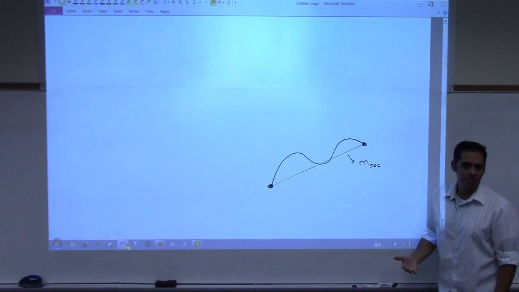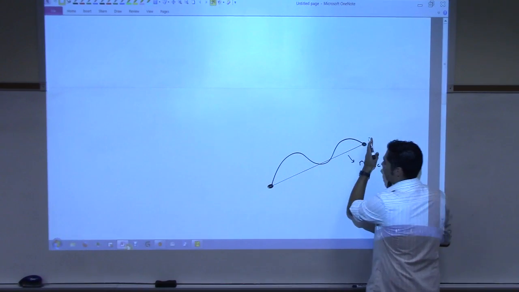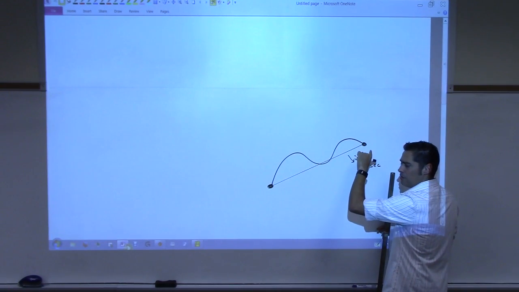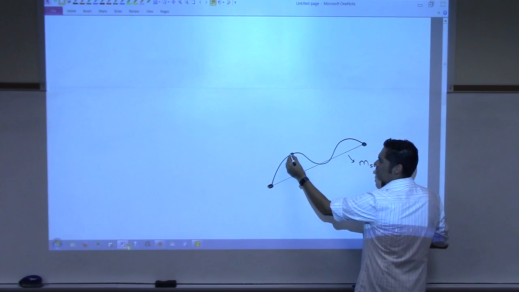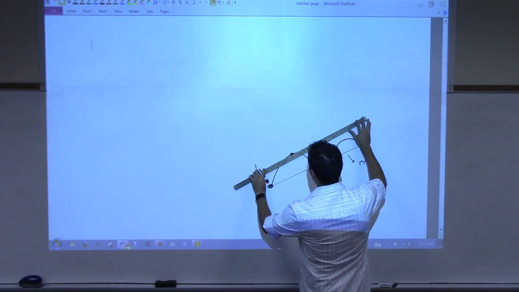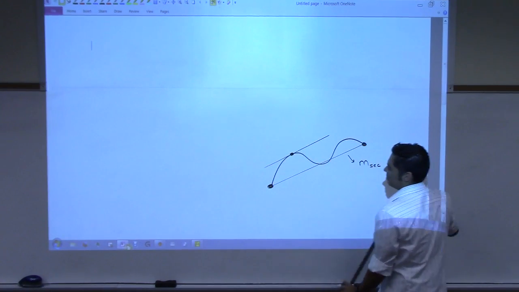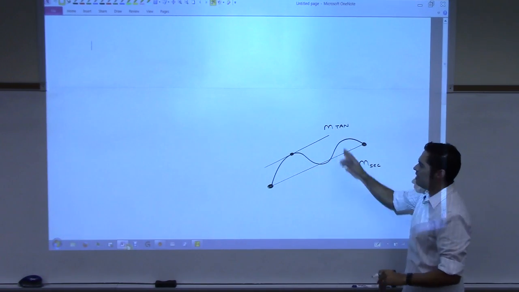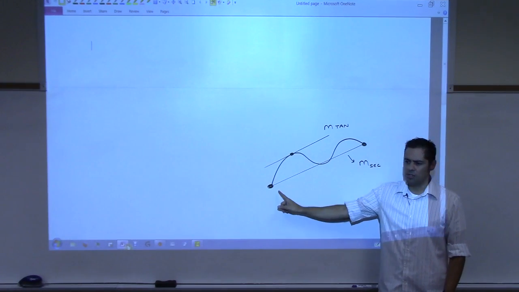And the m there would be the slope of that line. The mean value theorem says that somewhere between here and here, there is a point on this curve that if I go to that point, what's the same? Exactly. The slope of the tangent line at that point is equal to the slope of the secant line connecting the 2 endpoints.